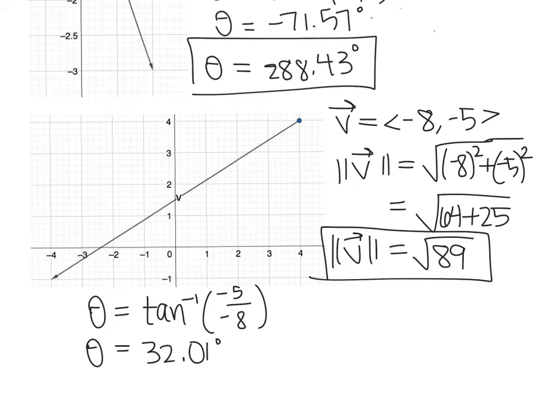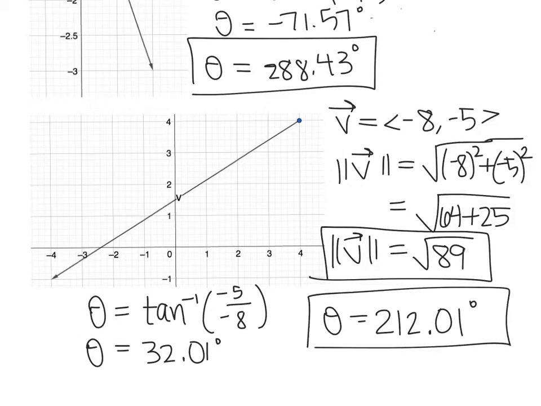Now again, we have to figure out what quadrant we're in. And if I have negative x and negative y, I'm actually in quadrant 3. So we're going to take our 32.01 and add 180 degrees to it. So the direction is actually 212.01 degrees.